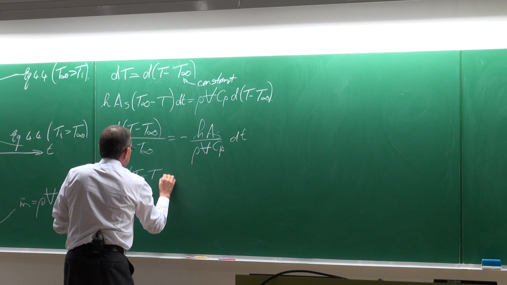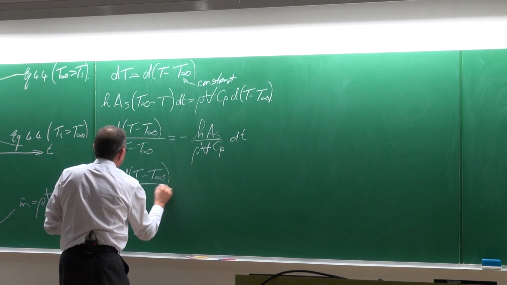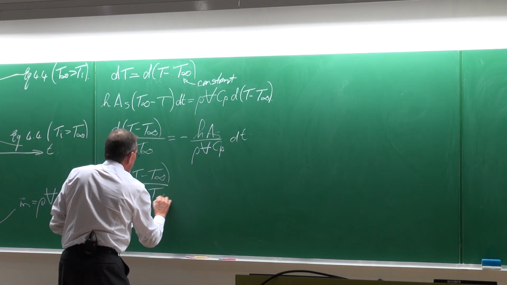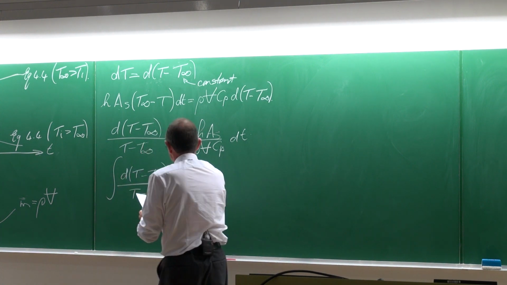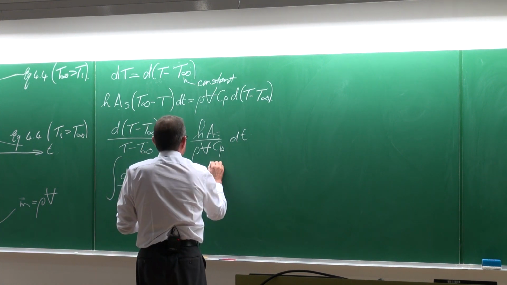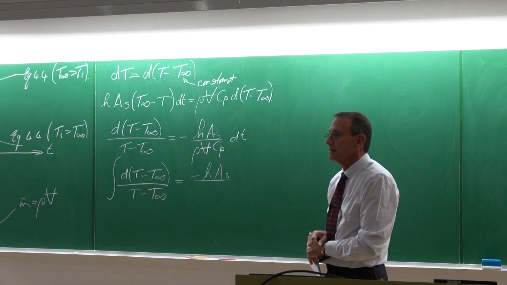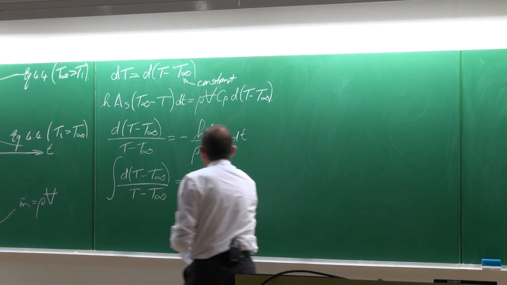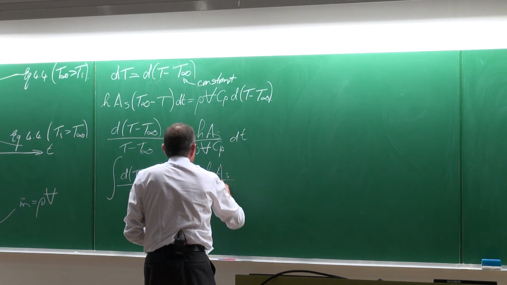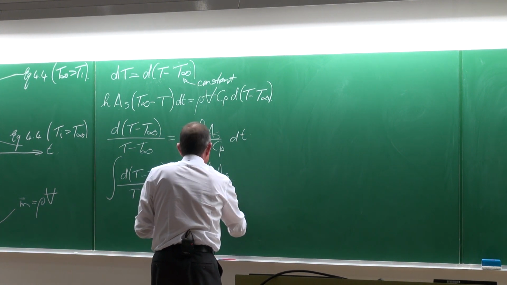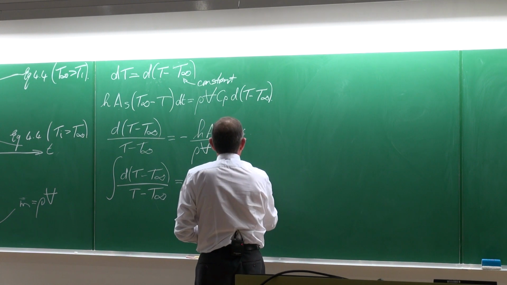(T − T∞)/(T − T∞) is the same as 1 divided by x. We are going to assume that the heat transfer coefficient and the area are constant, as well as the density, the volume, and the Cp value, and dt.